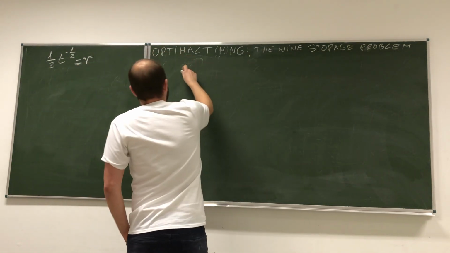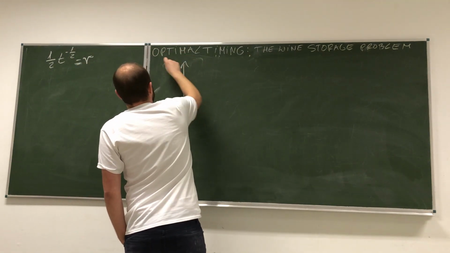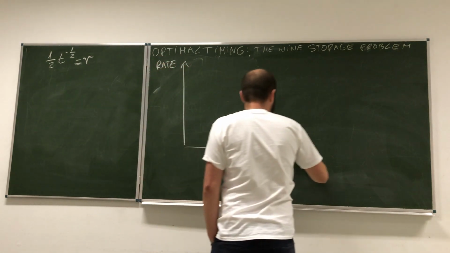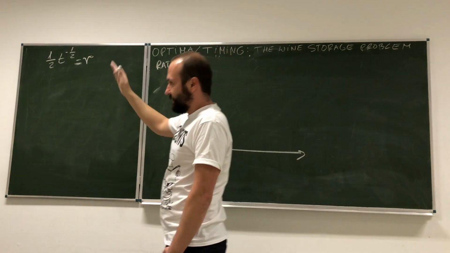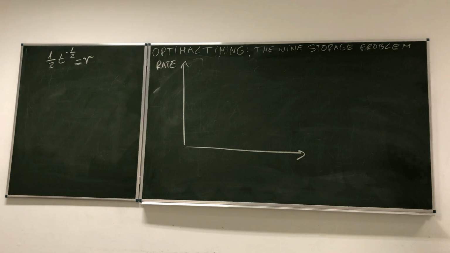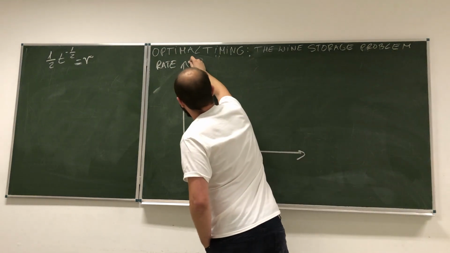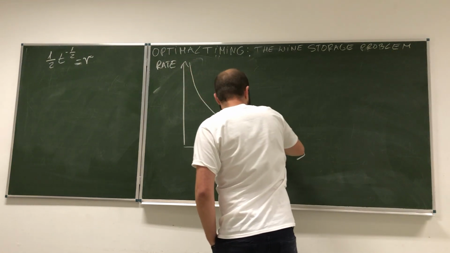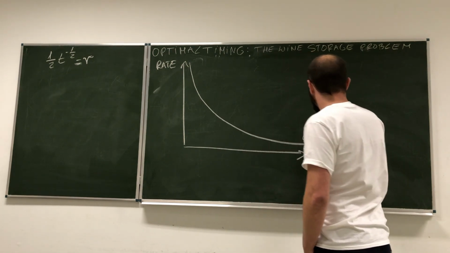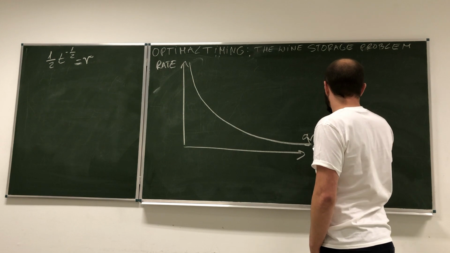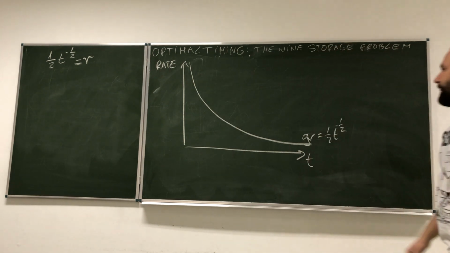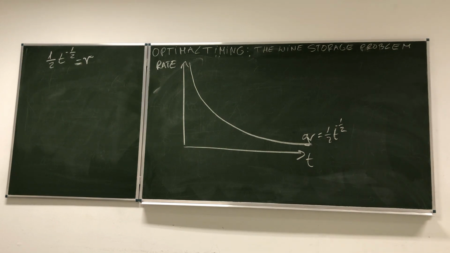So if we have some rate, interest rate or growth rate over here, and here we have time, this function has a negative first derivative and a positive second. It's declining, but it's declining slower and slower. So this is the growth rate of V, which is equal to 1 over 2t to the power negative 1 over 2.